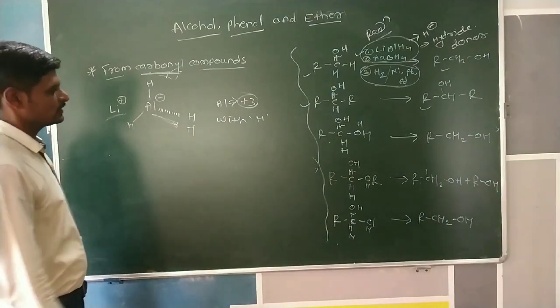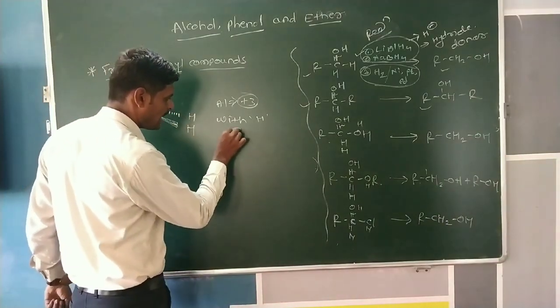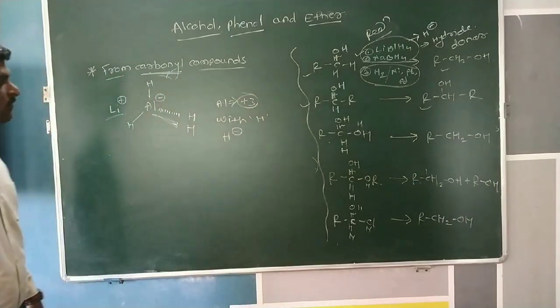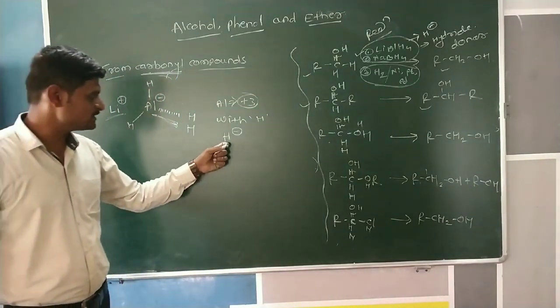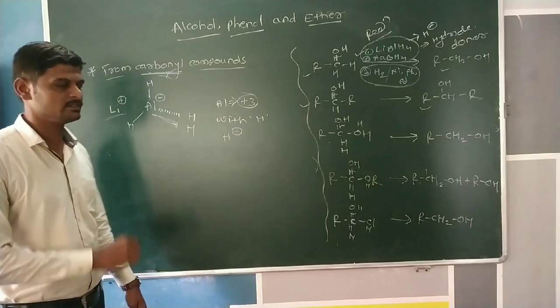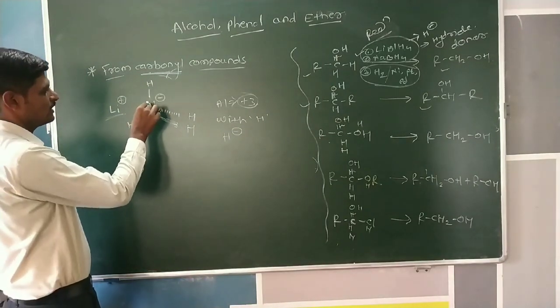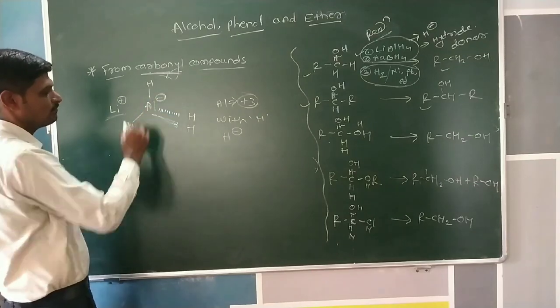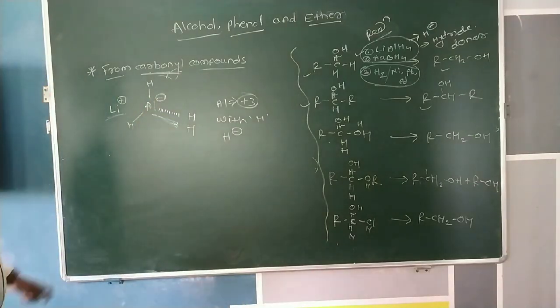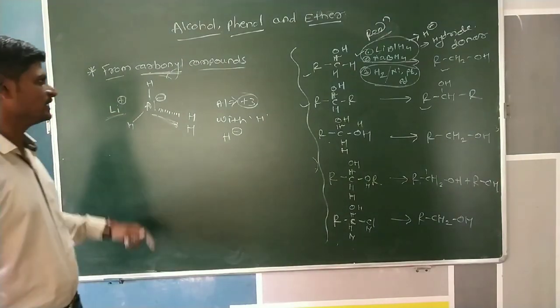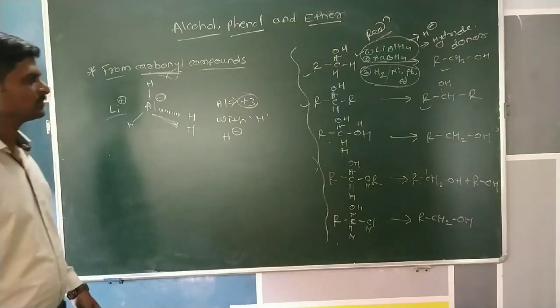This hydrogen is in the form of hydride, therefore it is present as H minus ion. Therefore, this also gives the Al minus ion. Okay, this is the structure of lithium aluminum hydride, or LiAlH4.